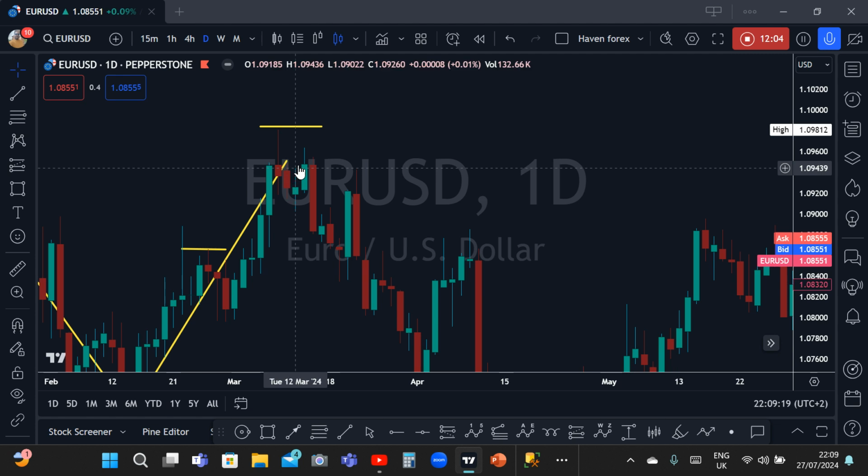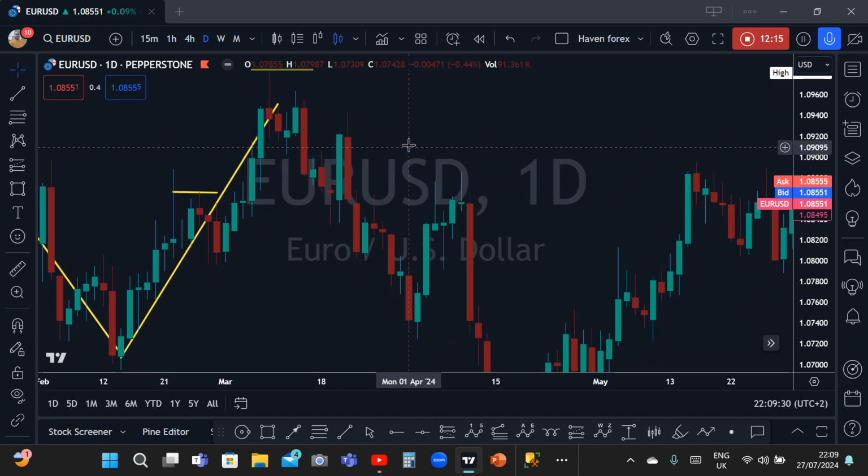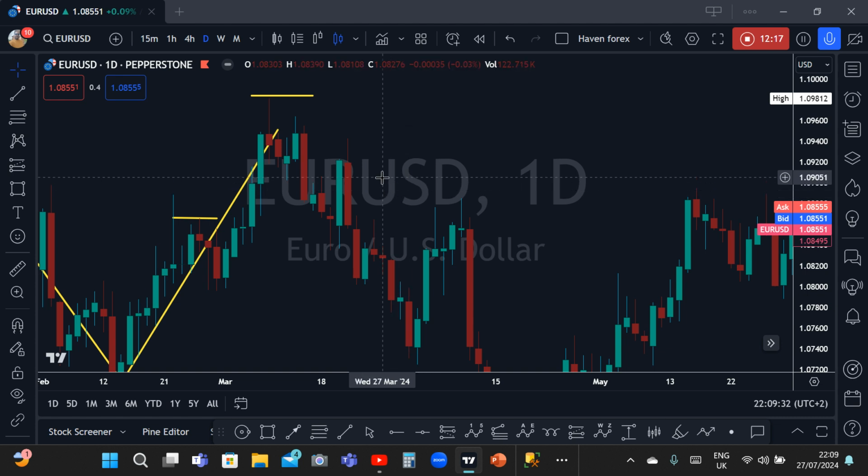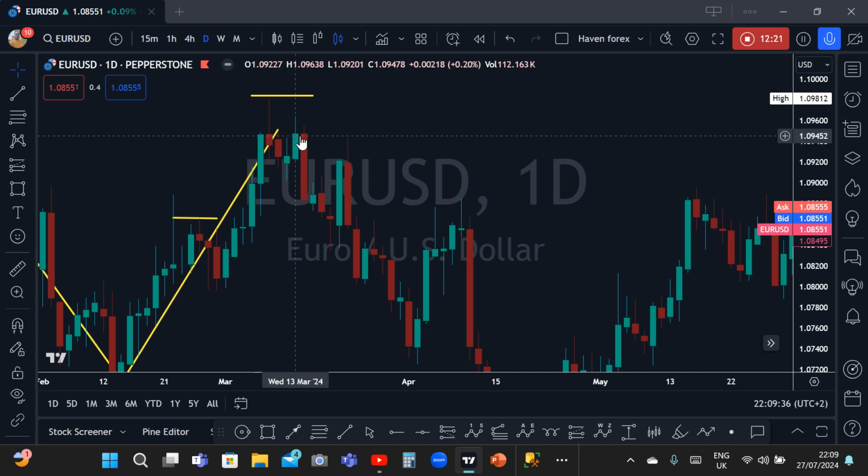Then, as soon as it gets to this point, there was a retracement. This guy here is supposed to break above. But what now happened here, guys? This is the trick of trading. It's not magic, it's very simple. Instead of this thing breaking above, it stopped shy here.